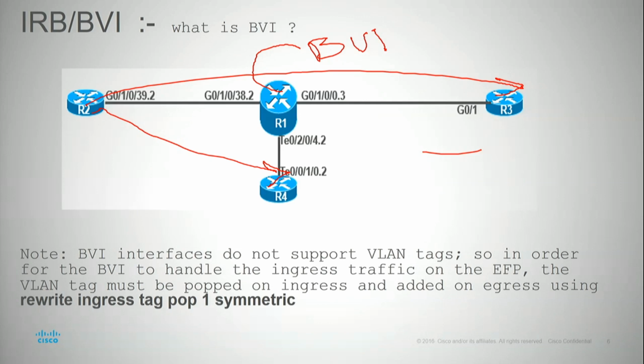Only one BVI can be configured under a bridge domain, and the same BVI cannot be used under another bridge domain. A BVI is associated with a single bridge domain and represents a link between the bridging and routing interfaces. This is the bridge domain and this is the routed world, so you can say that BVI is a link between the bridge domain and the routed world.